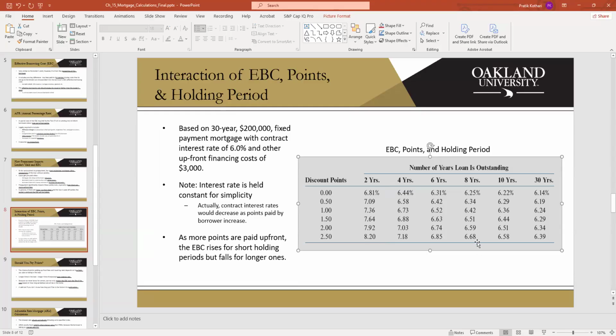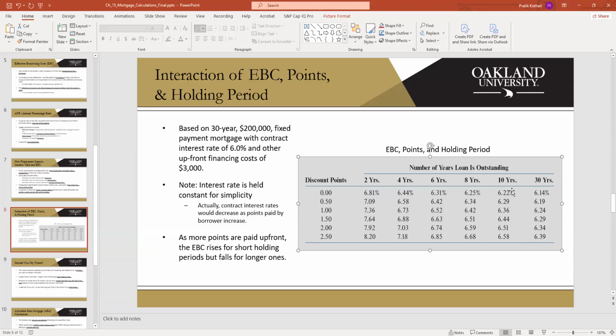If you keep holding the loan slightly longer, say you prepaid it in 10 years, and you didn't buy any discount points, your effective borrowing cost would have been 6.22%. Instead, if you had bought 2.5 points and closed the loan off in 10 years, effective borrowing cost would have been 6.58%.